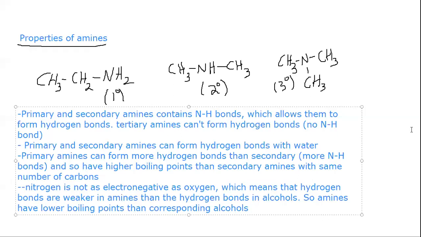So please copy the properties of amines.